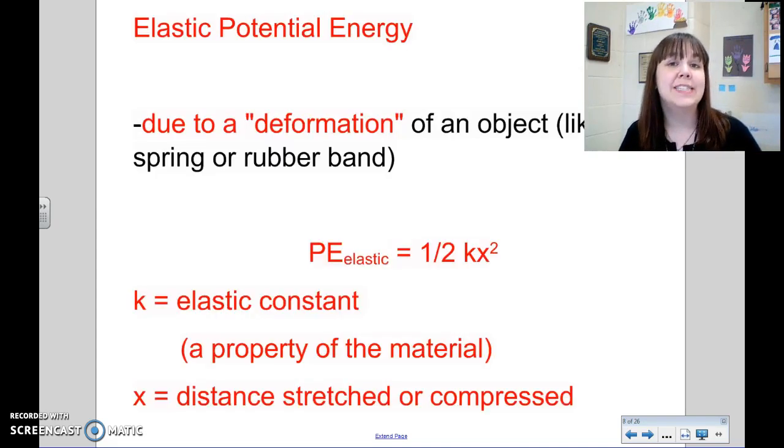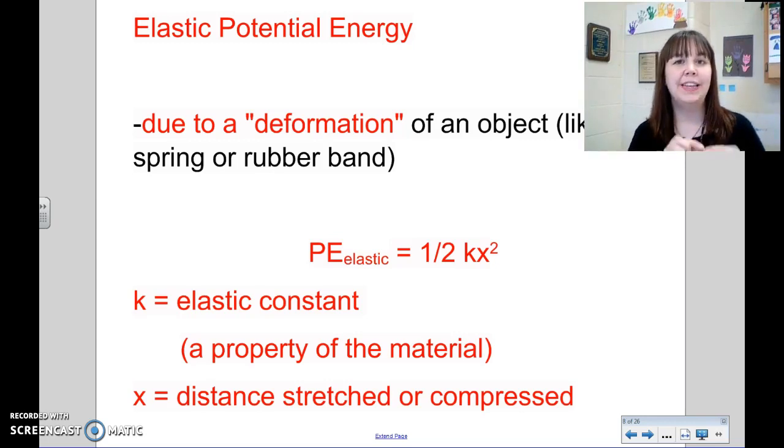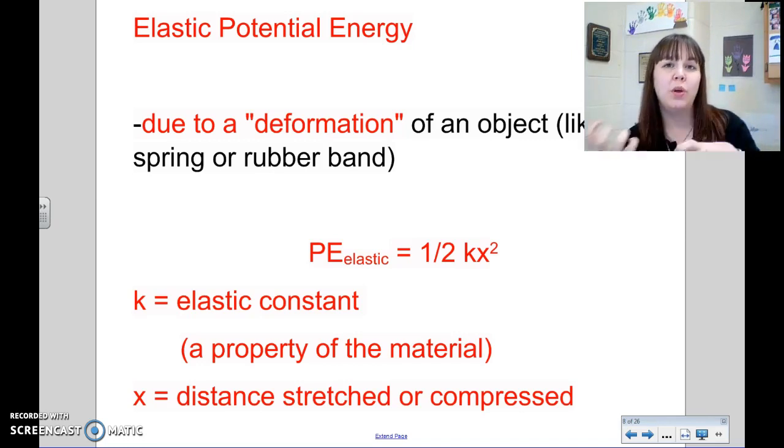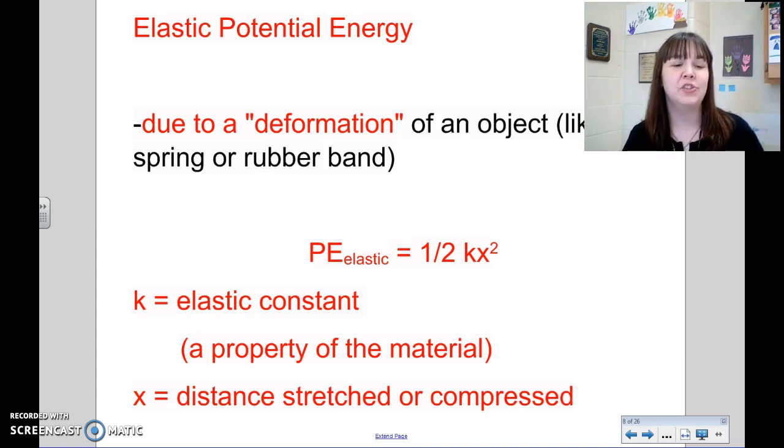Okay, now elastic potential energy. Think about an elastic rubber band or the elastic waist in your pants. When you deform an object, squish it, pull it, bend it, then the object wants to go back to its original shape. And that property gives it potential energy, elastic potential energy.